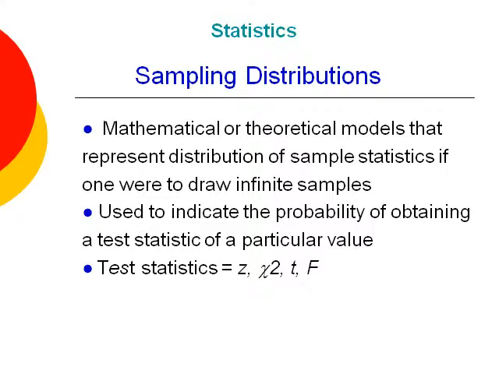Thus, we will use the sampling distributions to determine the probability of obtaining a test statistic of a particular value or greater. Besides Z, the sampling distributions we will study in this class are the chi-square, T, and F.